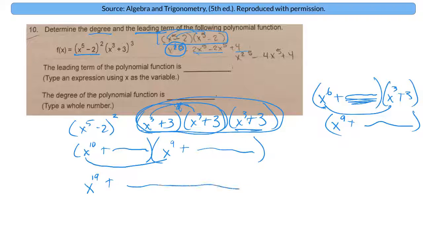Plus, I'd have a bunch of other stuff there. But they don't care what that stuff is. All they're looking for is the leading term. So the degree is going to be 19. The leading term will be 1x to the 19th. And I think that's all they're asking. All right, hopefully that helps you with that question.